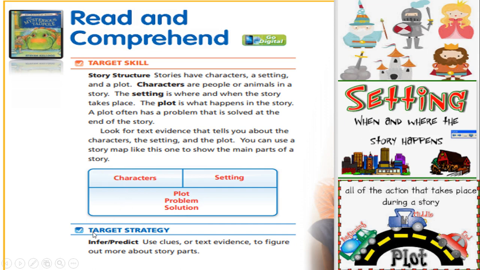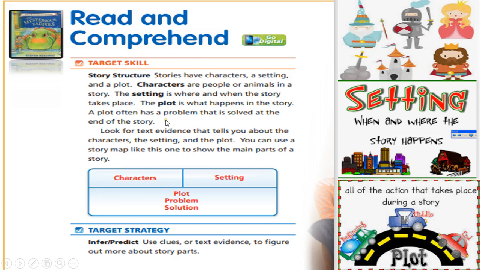The target strategy: another thing we need to learn. To be able to infer and predict, you'll use clues and text evidence to figure out more about the story parts. So let me tell you something: not all writers will give you every detail in the story.